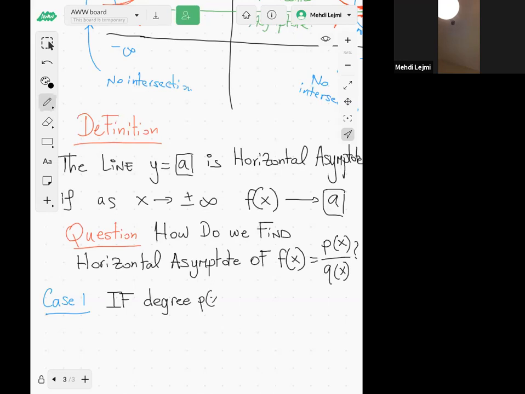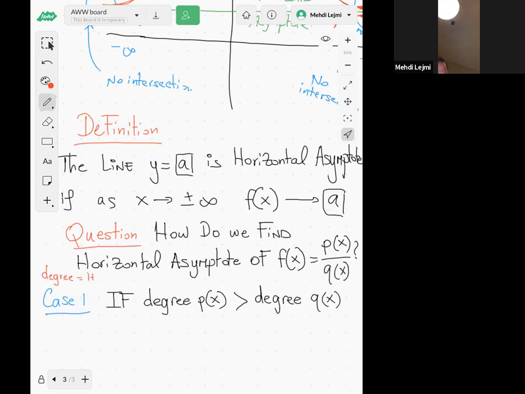So if the degree of p of x is larger than the degree of q, the denominator. Degree, again, guys, just to remind you, that's the highest power of x.